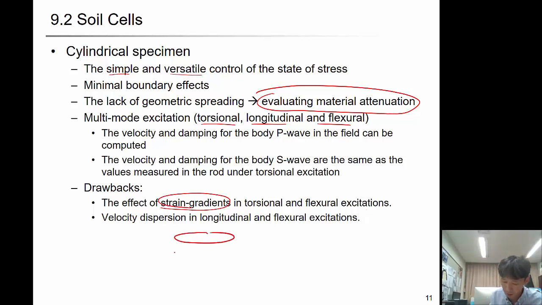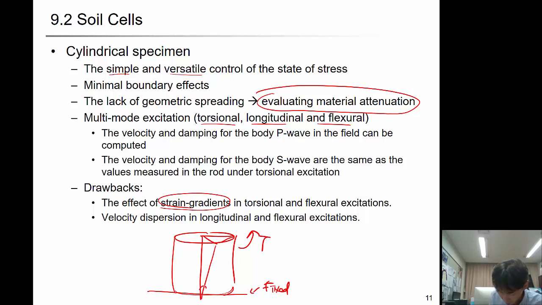That means that because the bottom is fixed here, this is the fixed end, and when you apply the torsion, at the bottom the torsional strain is 0, but at the top the torsional strain will be the maximum.